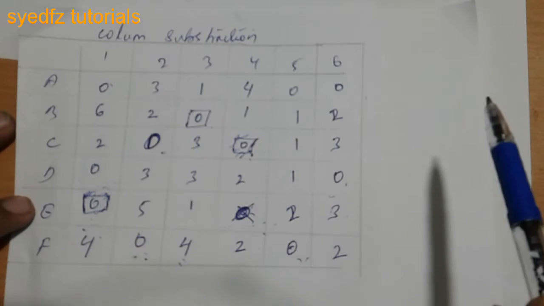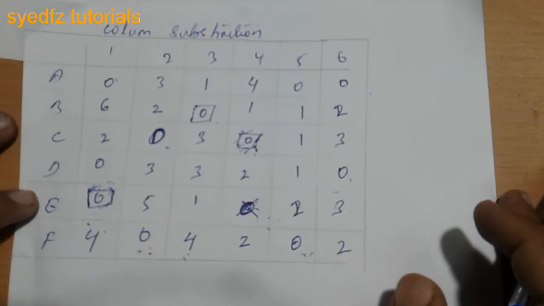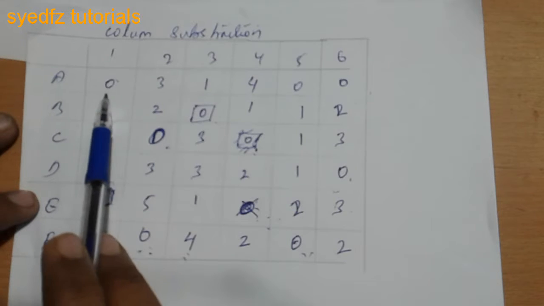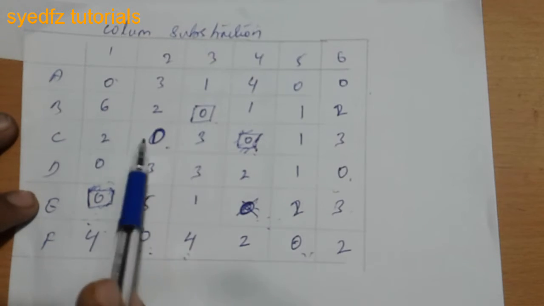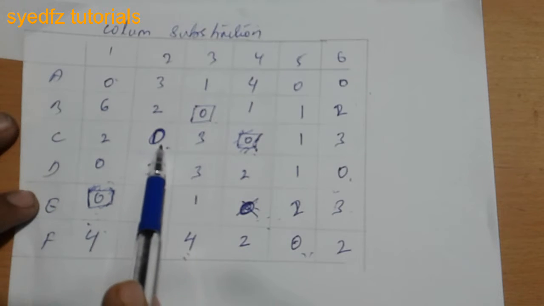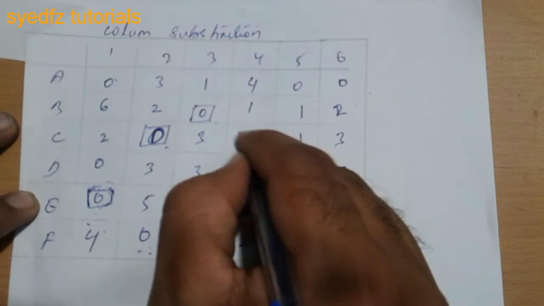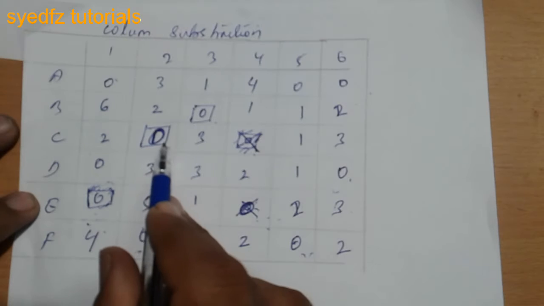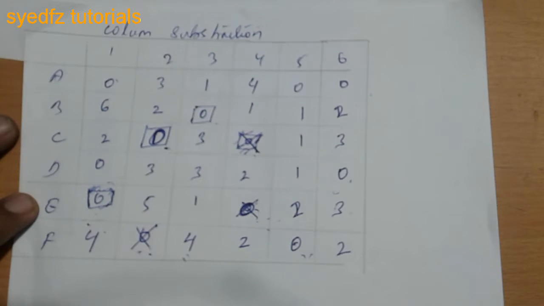Now let's start with the 2 zeros. Okay, for the 2 zeros, the single 0 is over. Now let's go for the second 2 zeros. Here is 3 zeros, we should not take. Here is a single 0 we already took. Here is 2 zeros. So the first 0 should be taken, and the second one should be cancelled. If you have taken this one, by default this one will also cancel.